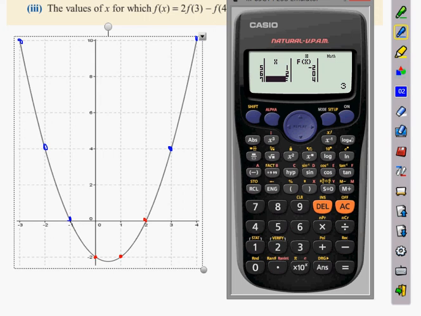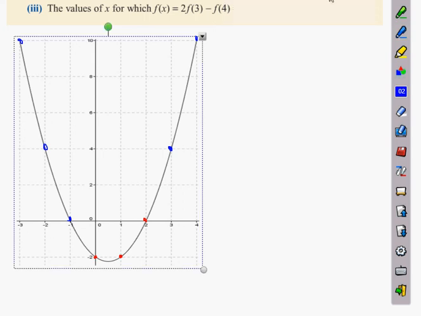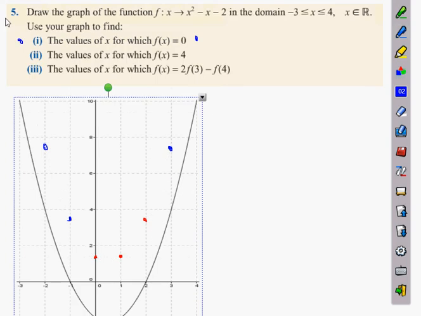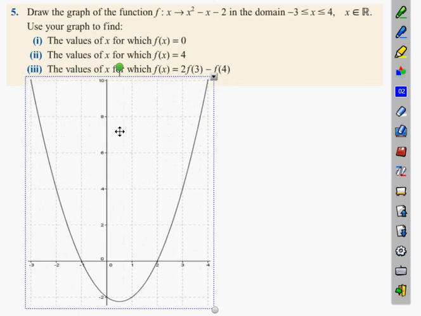Now that we've drawn that, we need to figure out what exactly we are being asked in this question. Now, use the values of x to find which f of x equals 0. Charlie, what does f of x equals 0 mean? Yeah, you're right.